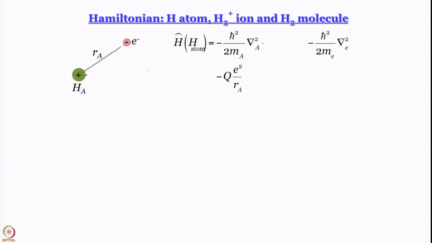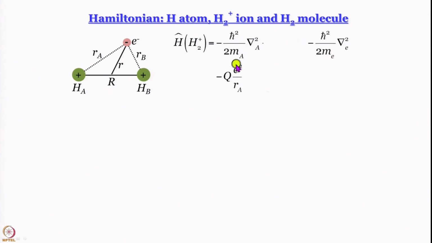Now we will go in steps. We will add one more nucleus, one more proton actually, and discuss the case of the H2 plus ion. All these three terms will remain, of course, and some more terms will come in. First of all, we will have a kinetic energy term for this nucleus B. We will have electrostatic attraction between this electron and the nucleus B. So we write something like minus q_e square by R_B for the potential energy term, and for the additional kinetic energy term of the nucleus we write something like minus h cross square by 2 m_B del_B square.